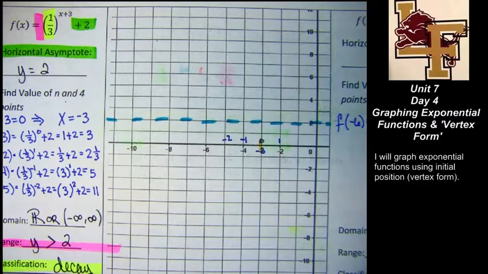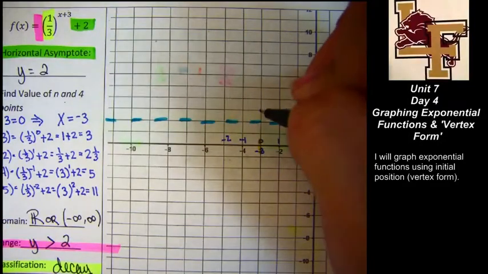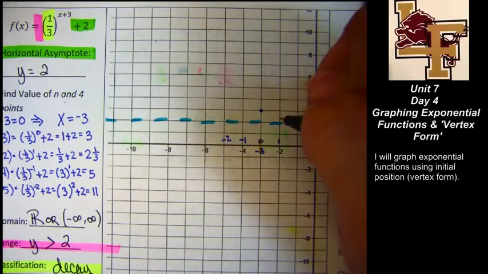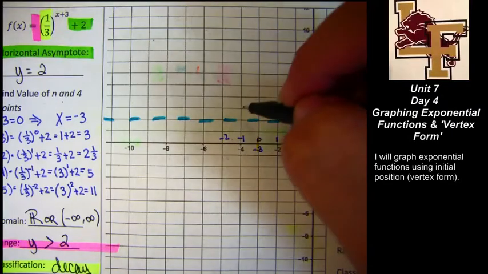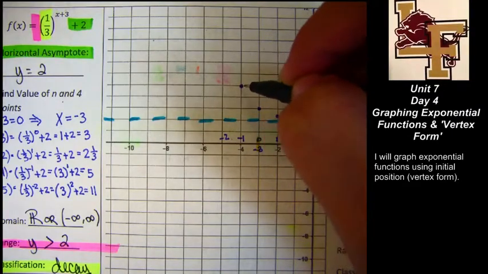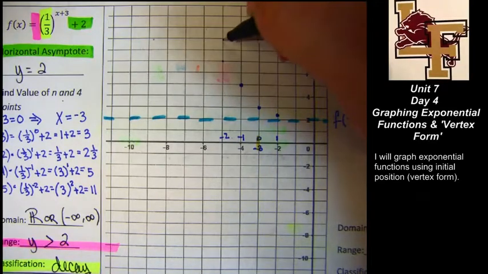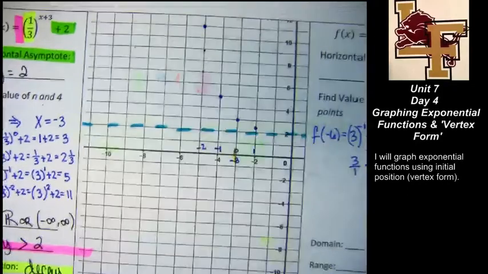Okay? All right. So when x is 3, y is 3. When x is negative 2, y is 2 and a little bit. So there's my 2 and a little bit. Some fraction. When x is negative 4, y is 5. And when x is negative 5, y is 11. All right.